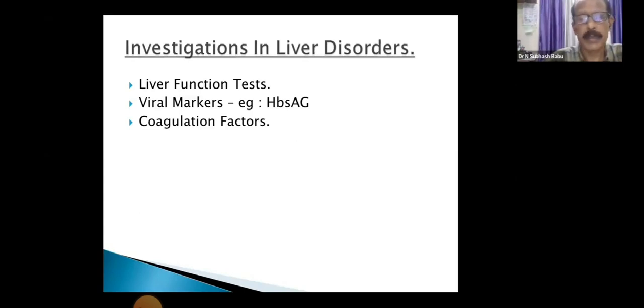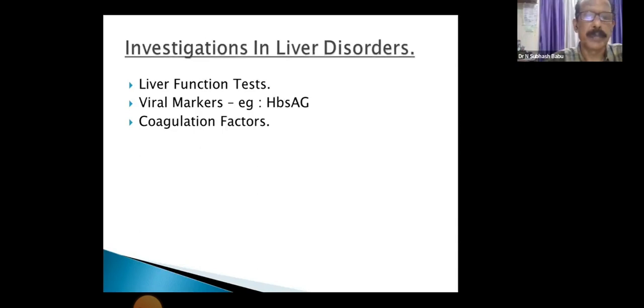In that condition, if the patient is having jaundice, fever, body pain, vomiting, then you have to do the viral markers, like blood for HBsAg, then HAV, HBV, HCV, like that you can write, and you will get the first report. If the infection is there, that will be positive, or if it's not there, negative, and accordingly you can diagnose the patient.